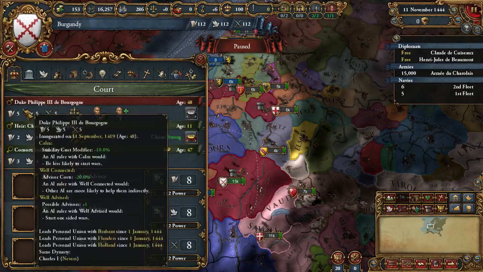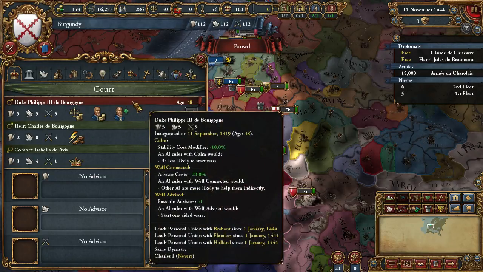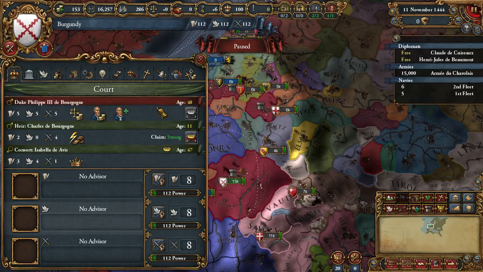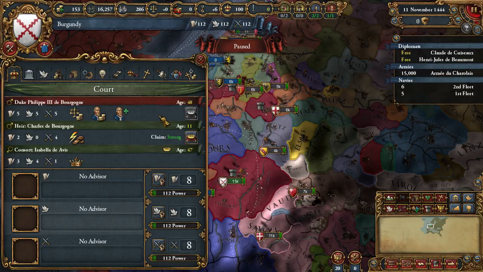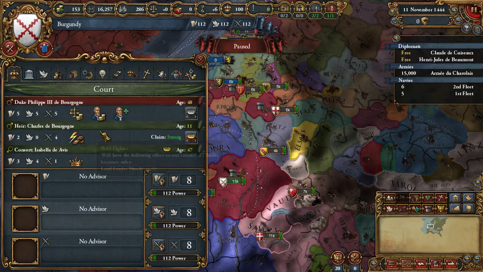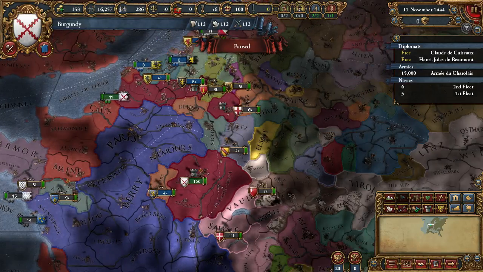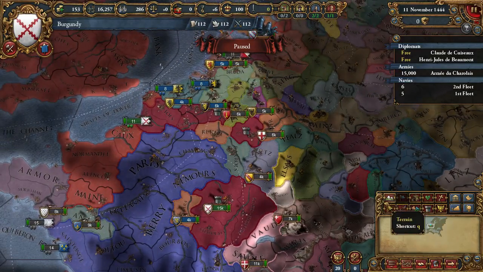And as you can see, Philip III is the ruler with whom we start the game in the 1444 starting date, and his heir Charles, in history known as Charles the Brave. Unfortunately, he was the last Burgundian duke.